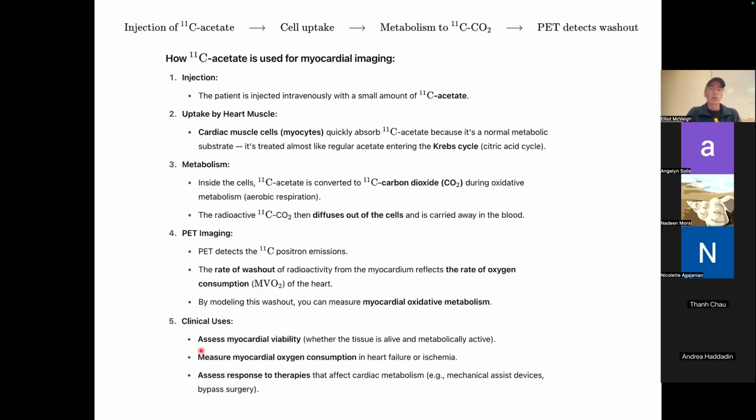So that's the whole field of myocardial viability imaging. And it is a significant open question how to do that optimally for patients that are in a critical stage.